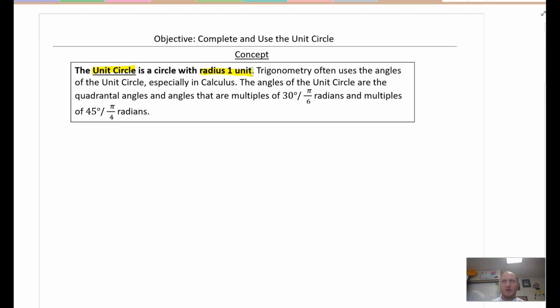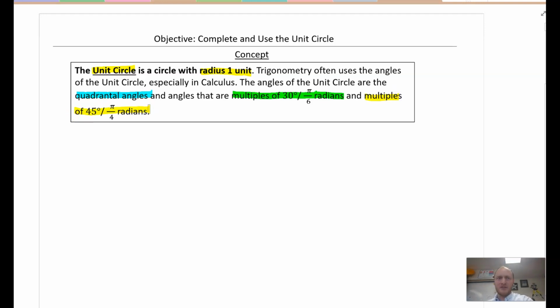Okay, and trigonometry often uses the angles of the unit circle. The unit circle is made up of what we call quadrantal angles, and these are just angles that end at quadrants. We'll see them here in a second. Then there are other angles that are multiples of 30 degrees, or pi/6 radians, as well as multiples of 45 degrees, or pi/4 radians.